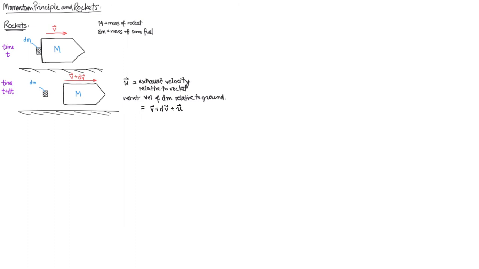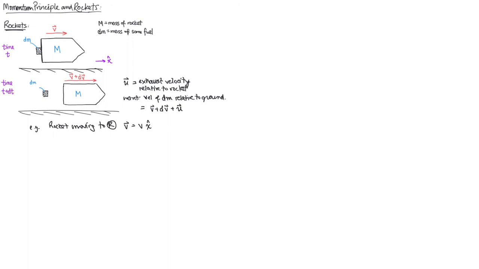So, for example, if the rocket's moving to the right, we could say the velocity of that rocket is some scalar quantity in the plus x direction, where x hat points in the direction that x increases, to the right.